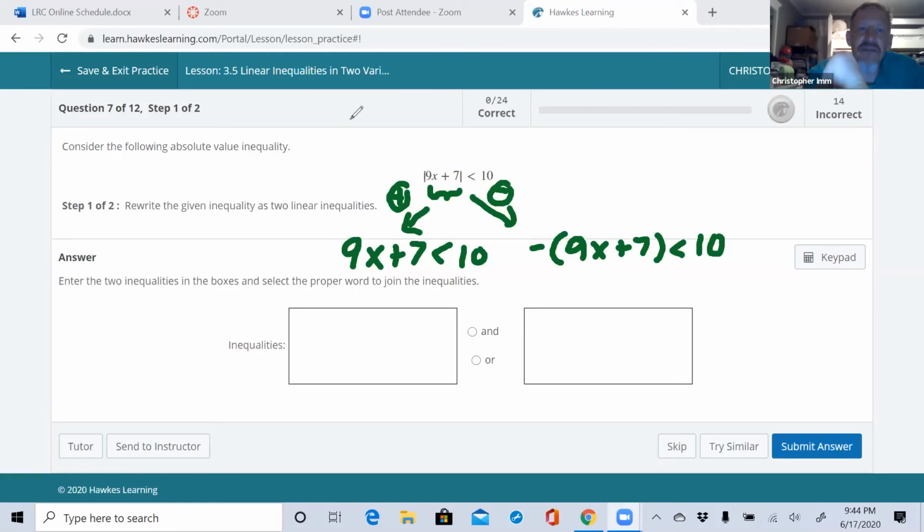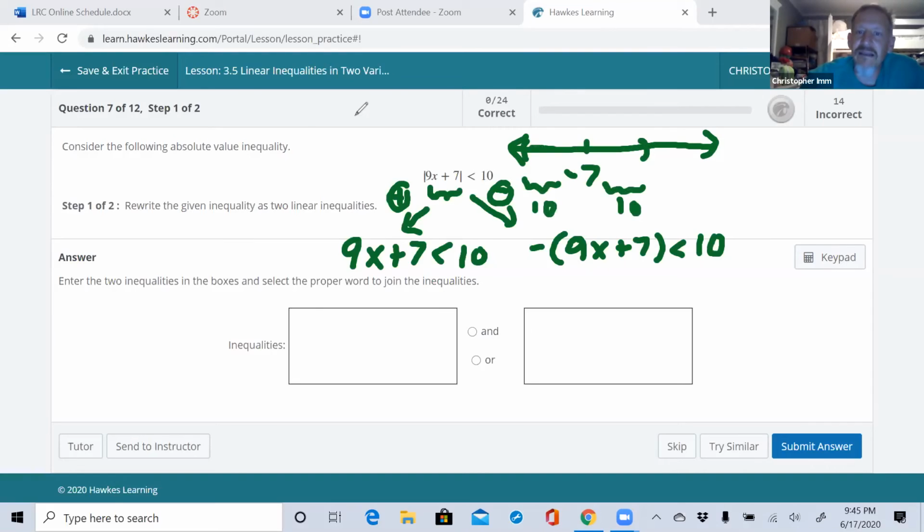In my videos, I was saying that this absolute value talks about distance. It's really saying the distance between 9 times the number x and minus negative 7, to make a plus 7, so the distance between negative 7 and 9 times a certain number is less than 10. So it's 10 in each direction.